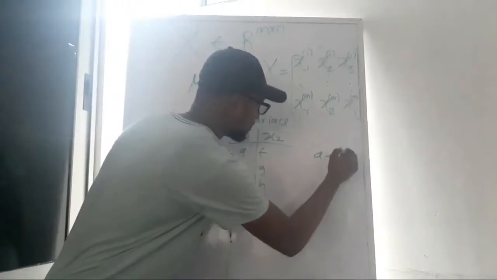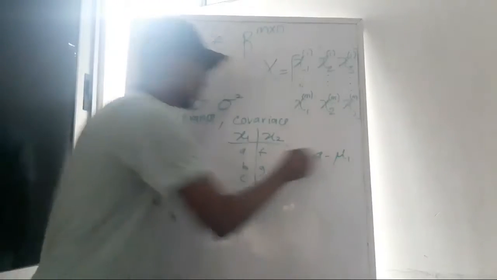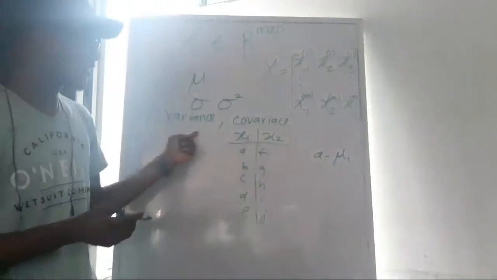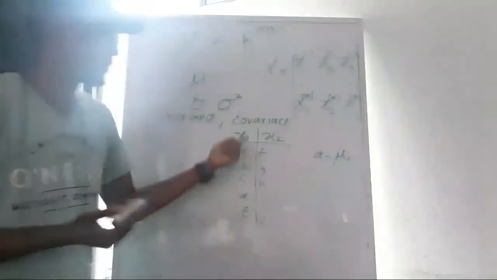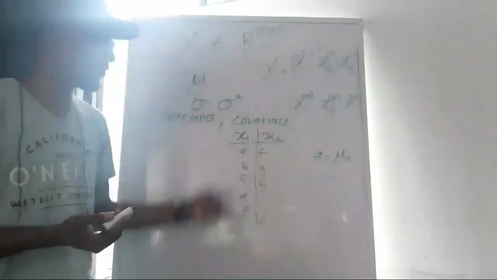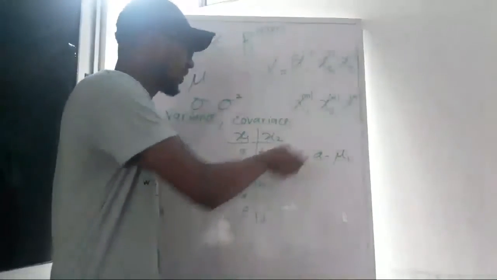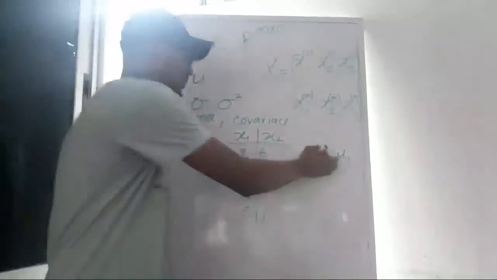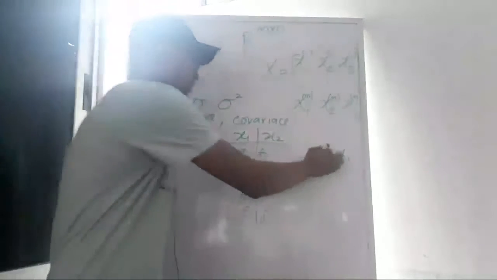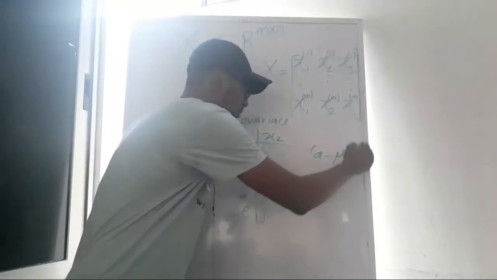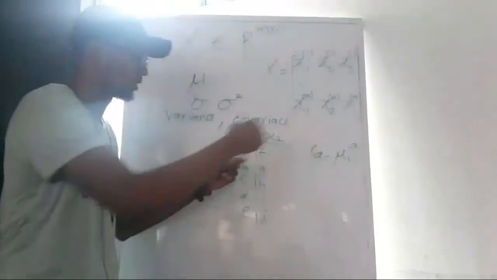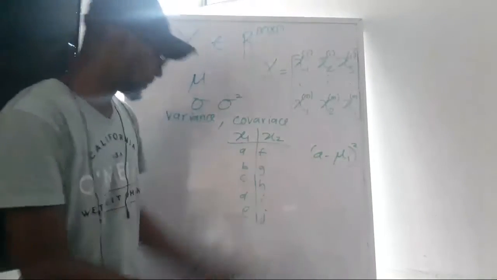The variance tells you how much each value deviates from the mean, so you find the average of this. You get a minus mu1 squared, and you find the average.